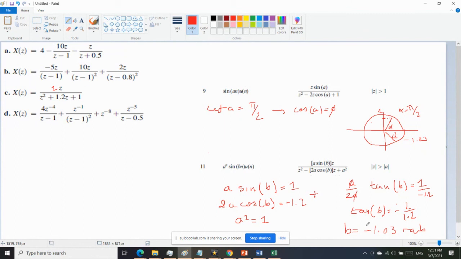Okay, we found B. Then we can find A. A should be 1 over the sine of B. What is the sine of this?